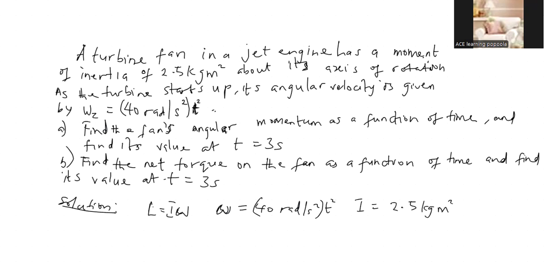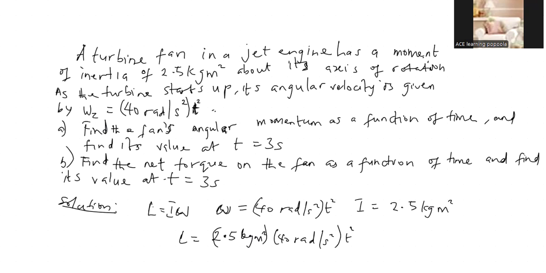So we can just substitute this into the formula. L is equal to 2.5 kilogram meter squared times 40 rads per second square, then the t squared there.